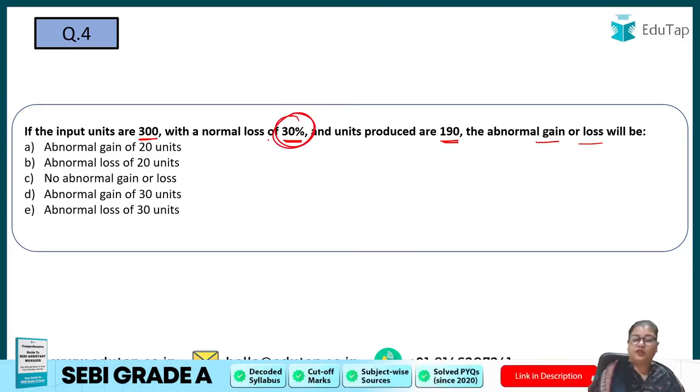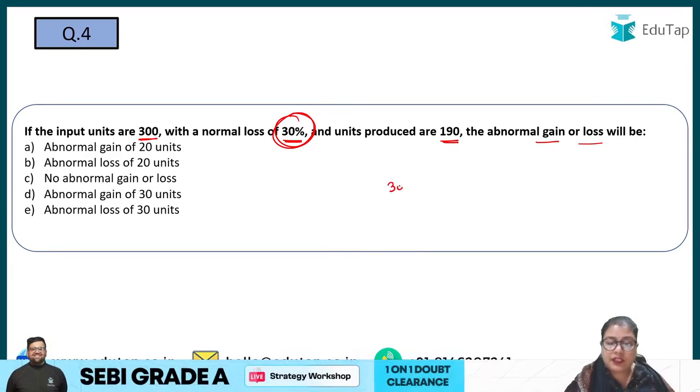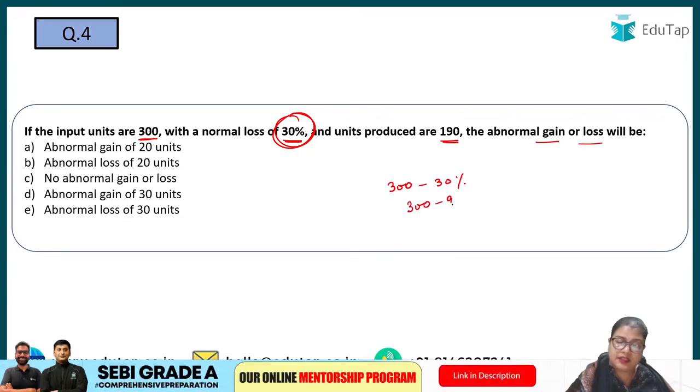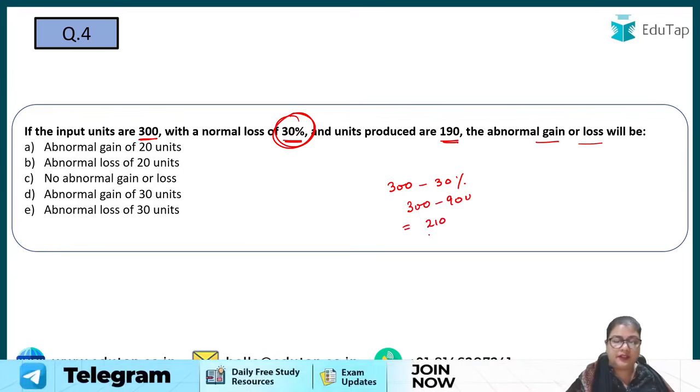So first of all, we need to find out how many units I'm expecting after my normal loss. So 300 minus 30%. What is 30% of 300? 90. So 300 minus 90 units will be how much? 210. So this much I am expecting after my normal loss.